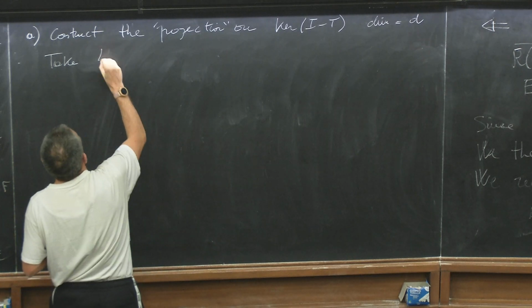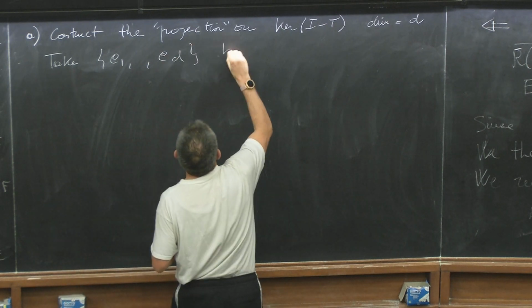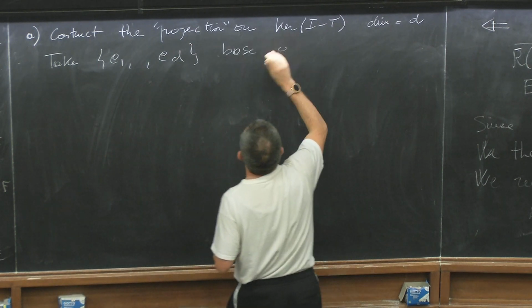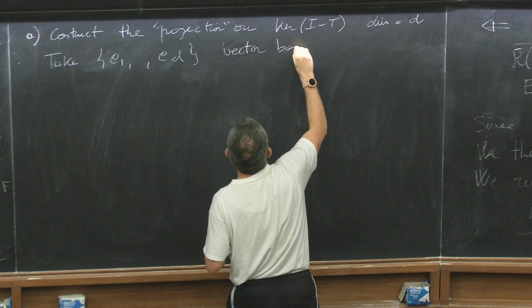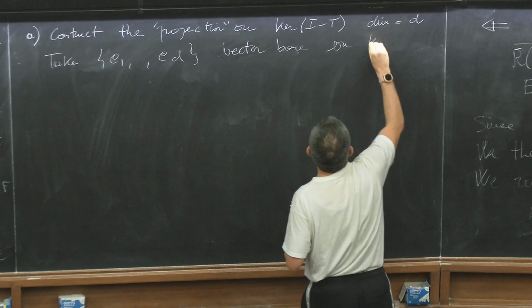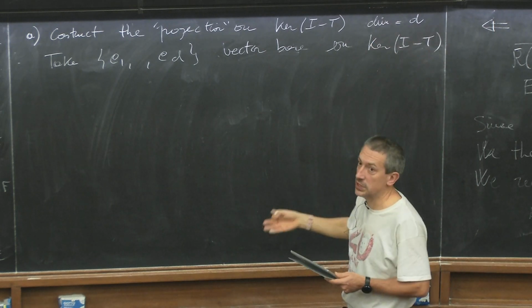So take e1, ..., eD, a vector base on the kernel of identity minus T, so I can replace it with any finite dimensional space.